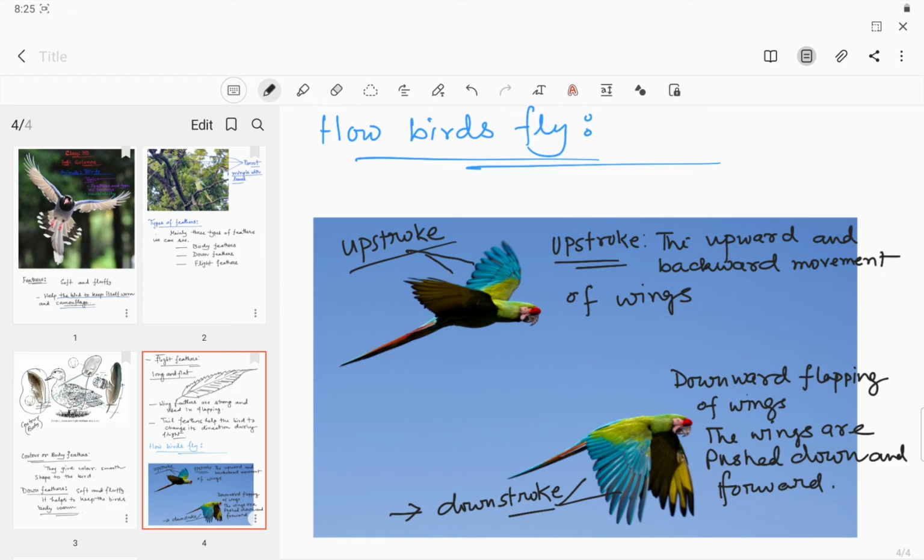They can flap, but they can't fly because they have a heavy body. So that's why they are called flightless birds. So name two flightless birds: kiwi, ostrich, right?